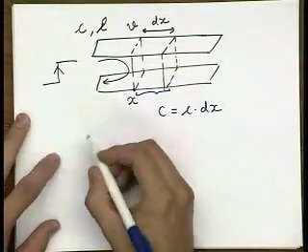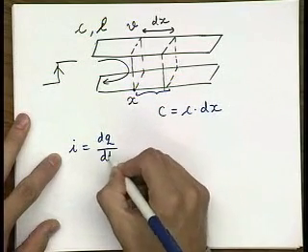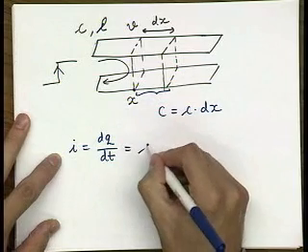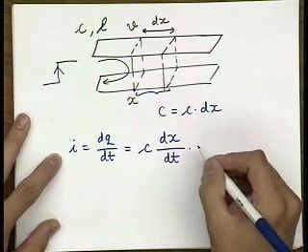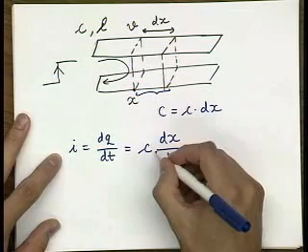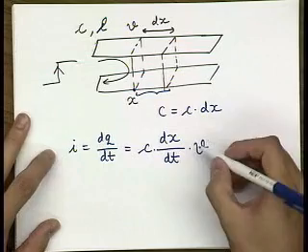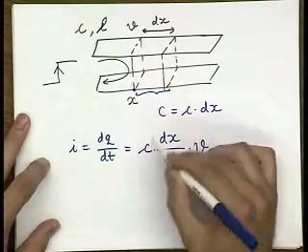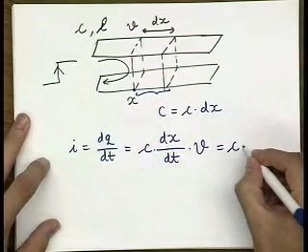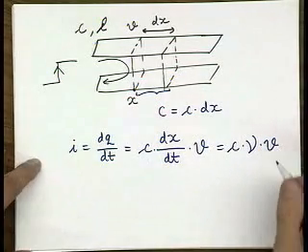So what we have is I is equal to dq/dt. That is equal to C times dx/dt times V. And now dx/dt is the propagation speed. So that's the wave propagation speed. So you have capacitance, propagation speed, and voltage.